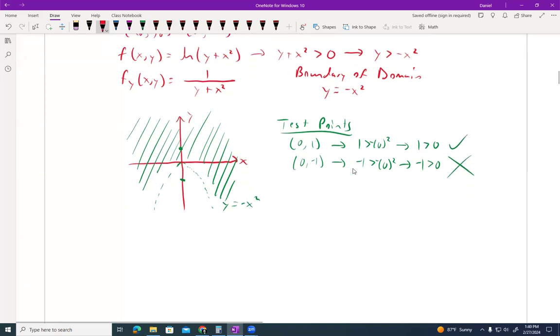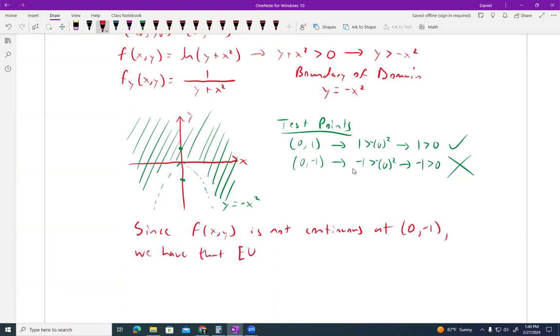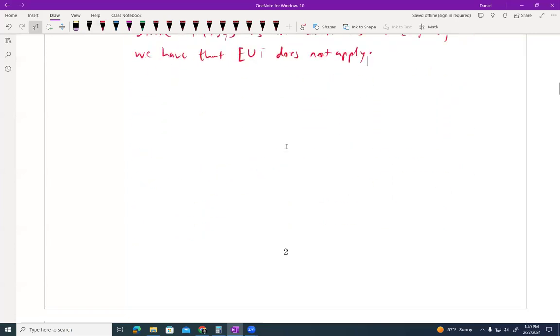Okay, so we could say, since f of x,y is not continuous at 0, -1, we have that the existence and uniqueness theorem does not apply. Okay, and that's all I was looking for there.